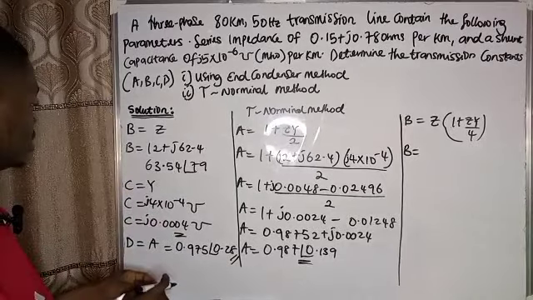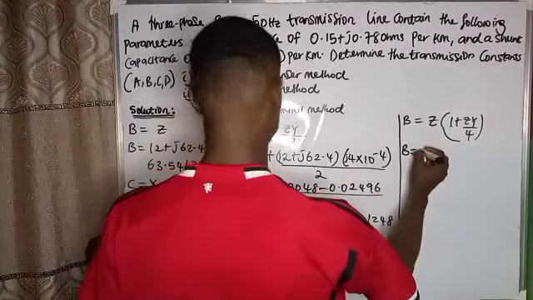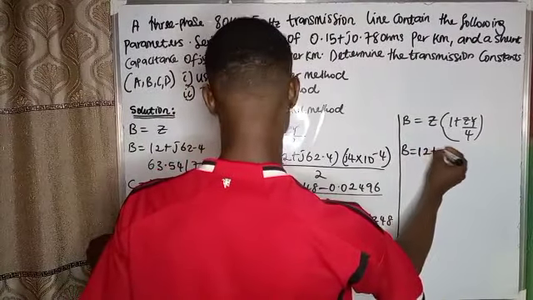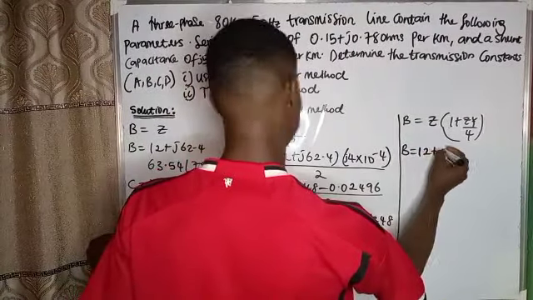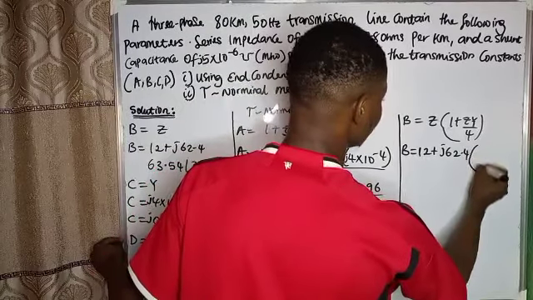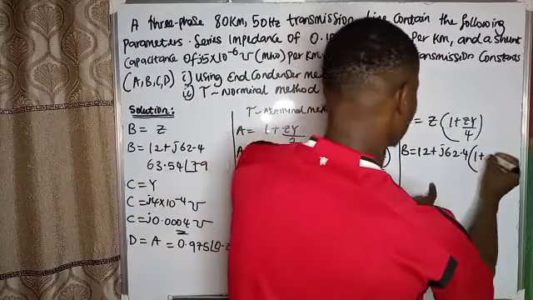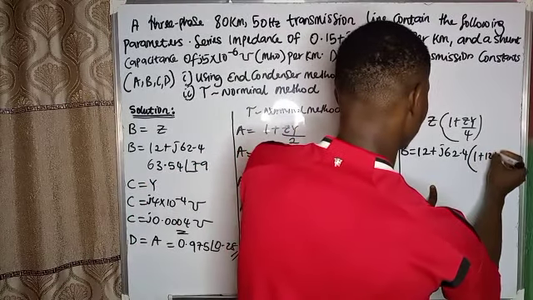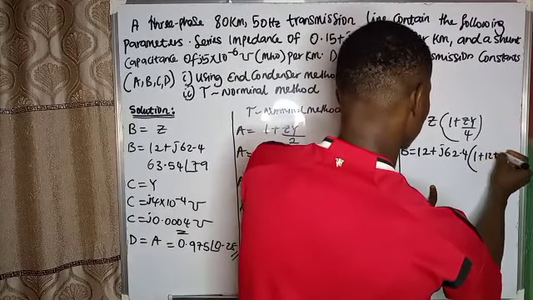Z is 12 plus j62.4, times 1 plus Z, 12 plus j62.4.